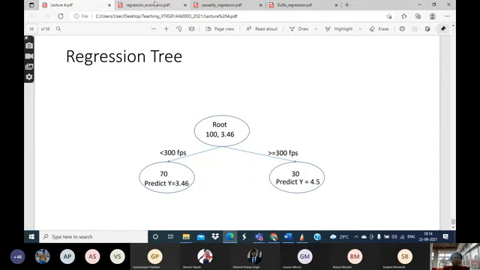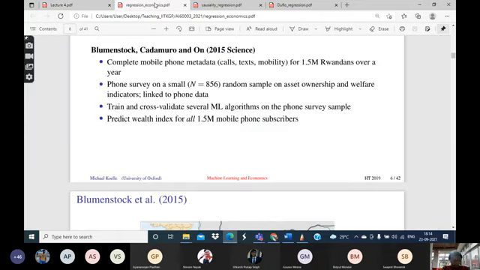Okay. So now coming back to the example, we find that this decision tree, be it the regression tree or the decision tree, basically enables us to choose the discriminative features.